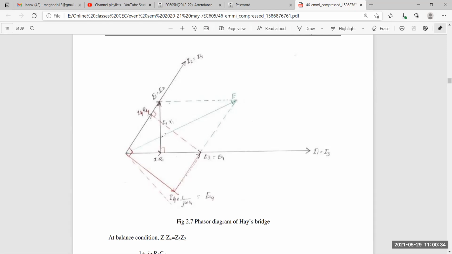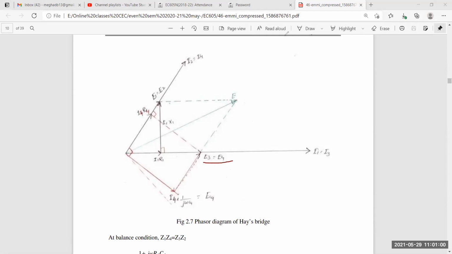So how have they drawn this diagram? Note here, first of all, the magnitude and phase of E3 and E4 are equal and hence they will overlap each other when drawn on the horizontal axis. E3 is equal to E4, and let me show you how they are overlapping. And current I1 will flow through the purely resistive BD arm.